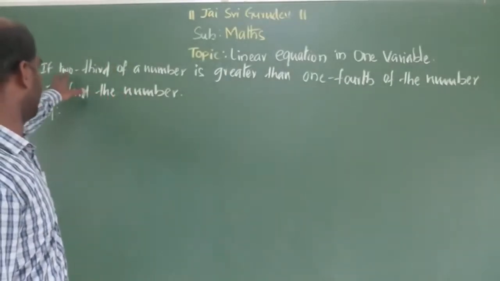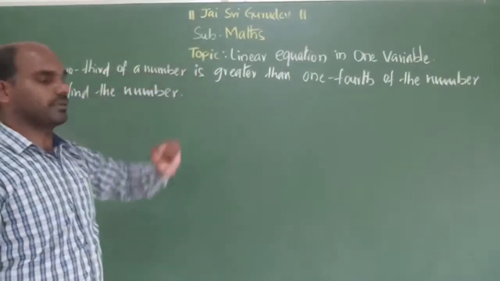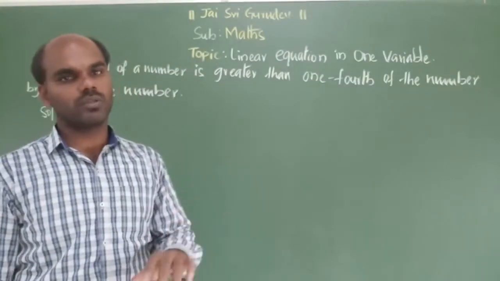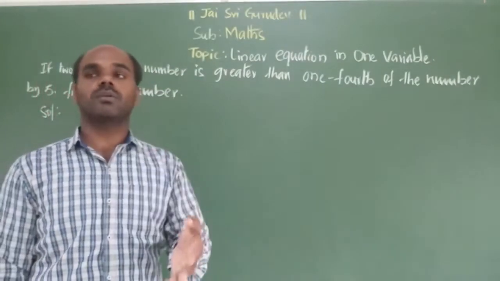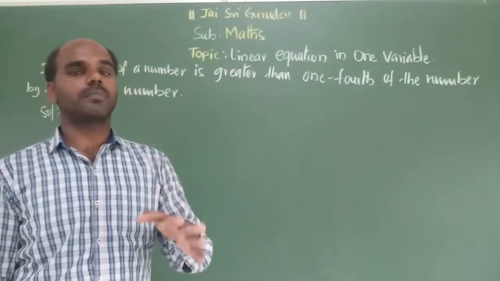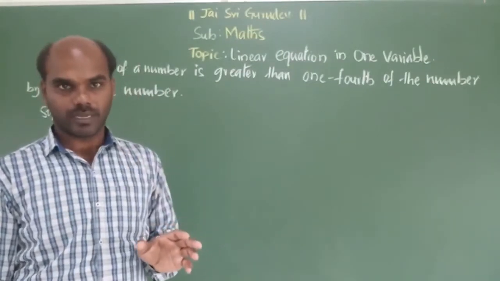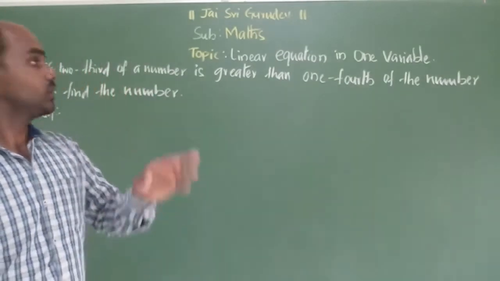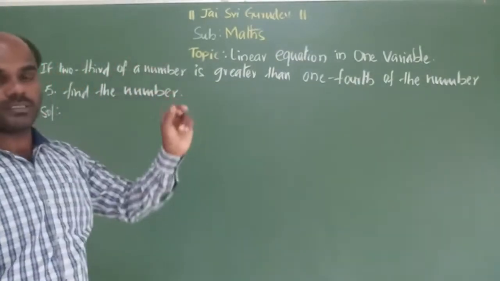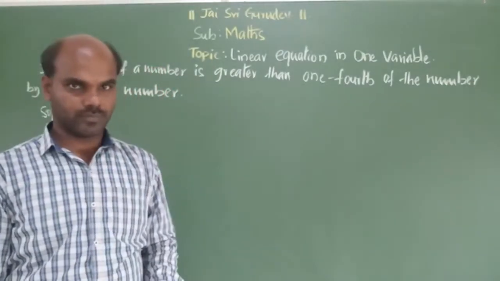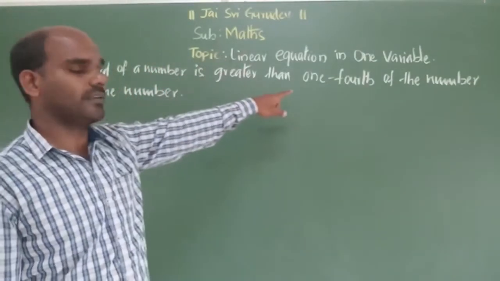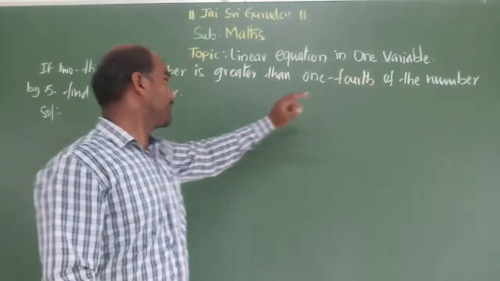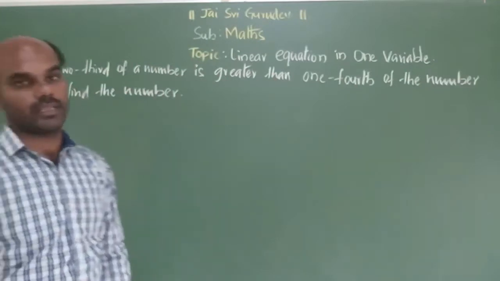If two-thirds of a number, we don't know which number, is greater than 1/4 of the number by 5.